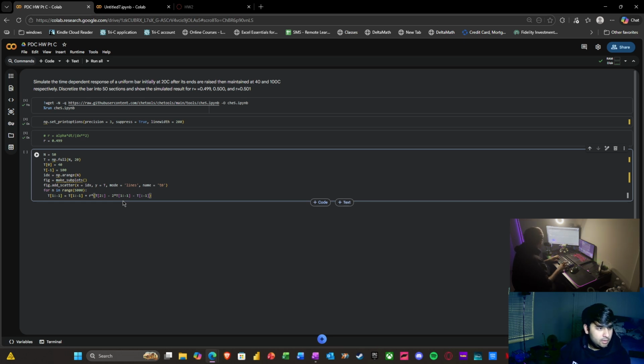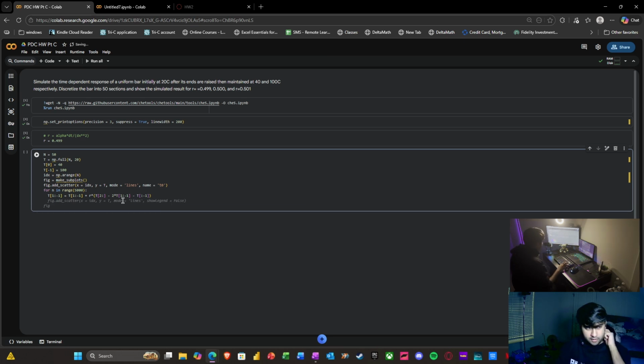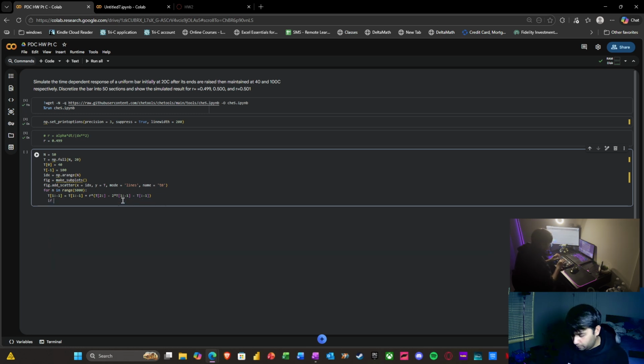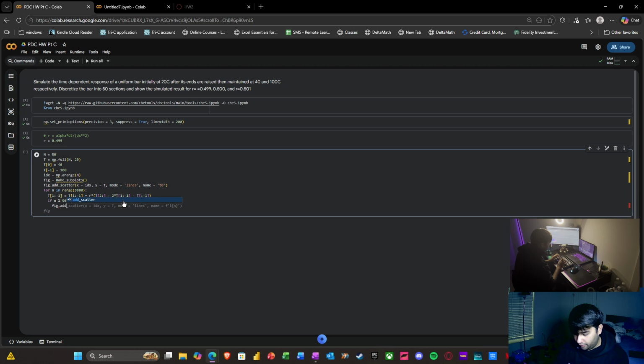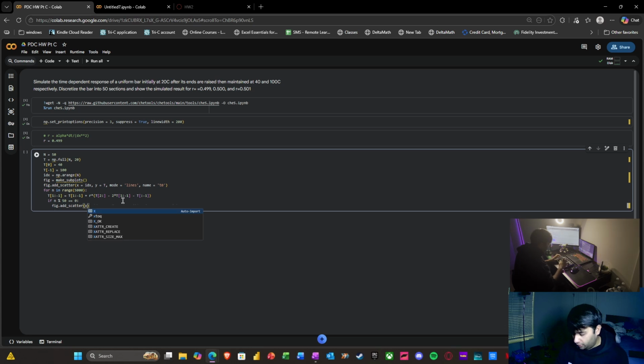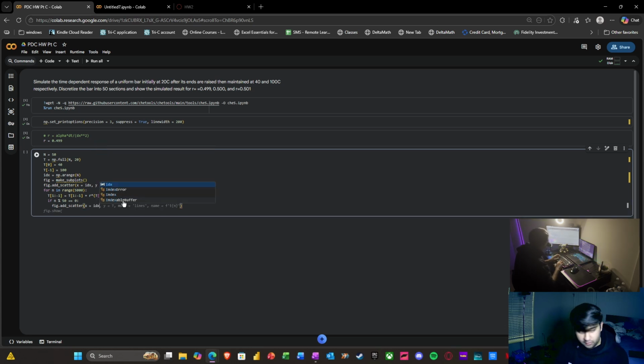Should be good. And then we're going to put in an if statement, basically saying that if we take n divided by 50 and it comes out to 0, we're going to utilize this line of code, and we're going to set that as a fake scatter idx, and yep, AI pretty much got it there.